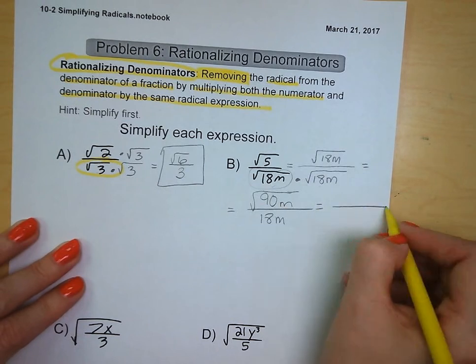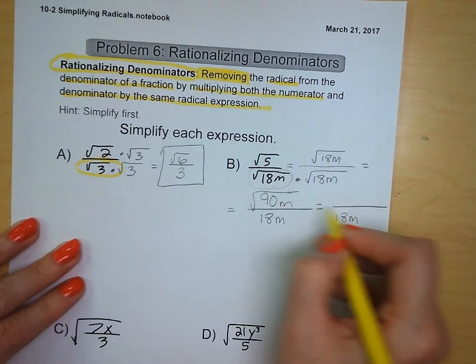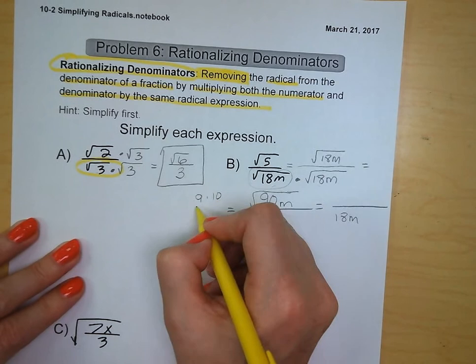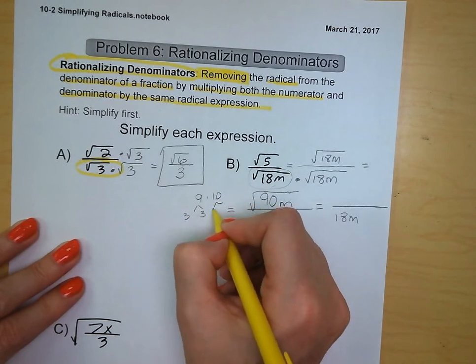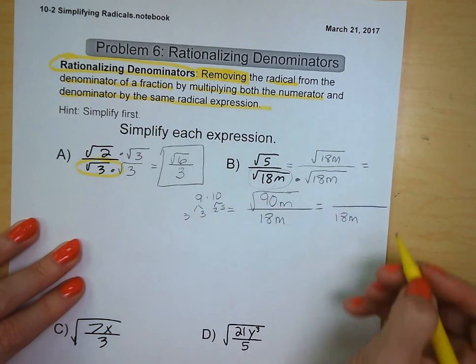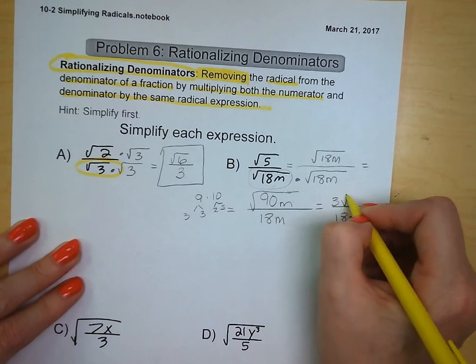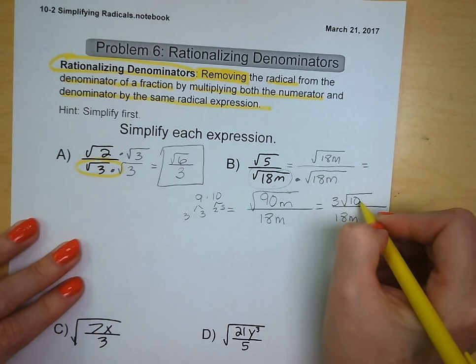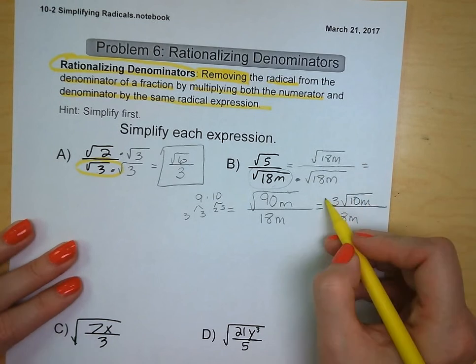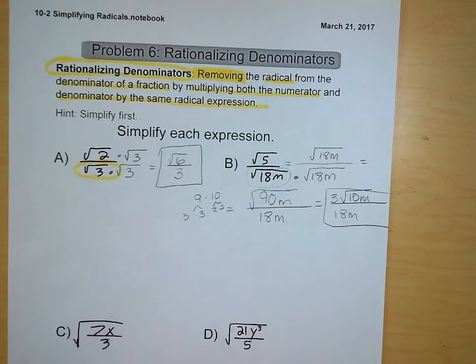And we can simplify that a little further. The square root of 90m, 90 is 9 times 10. So we get our primes. We've got one pair of 3's, and we've got the square root of 10m. So 3 times the square root of 10m divided by 18m.